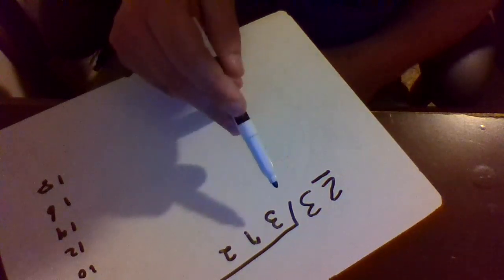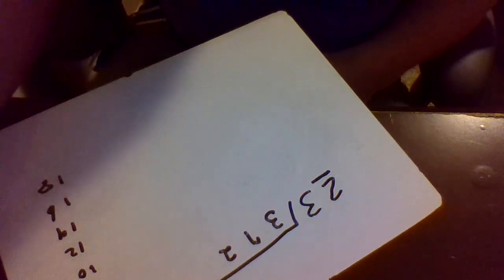Okay. So 2 goes into 3, as you can see, only one time because we can't do 4, since that's bigger than 3. So 2 goes into 3 only one time.